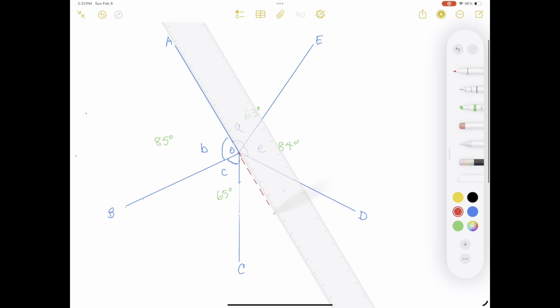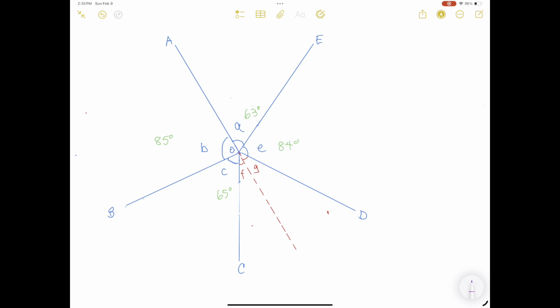In this case, we will take line AO and extend it, draw it out to point F, which I forgot to notate. In any case, angle D from the previous figure gets broken into angles F and G as shown.